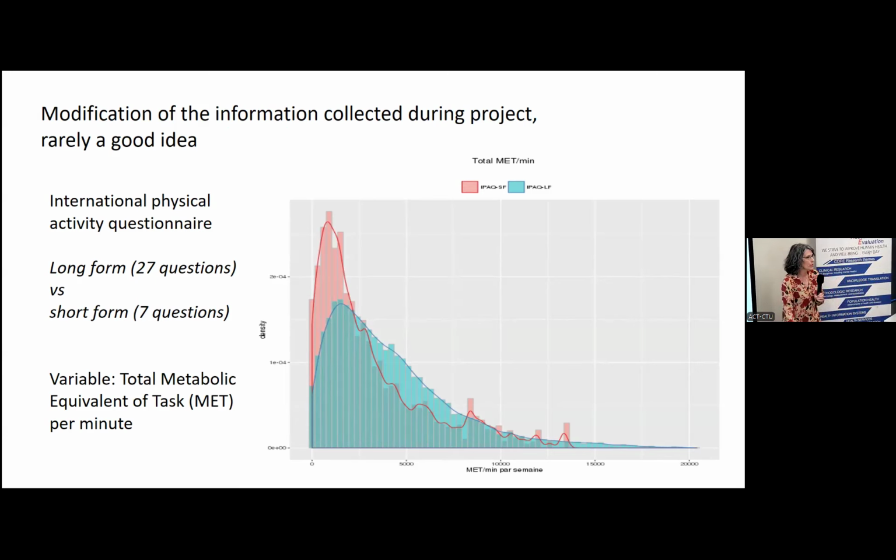They started with the long version of the International Physical Activity Questionnaire, 27 questions. For the first 100,000 participants, they used that questionnaire, but the participants were complaining because it was a little bit too long. So I was in a meeting somewhere, I don't remember when, and a new PI in the group said, I know better.